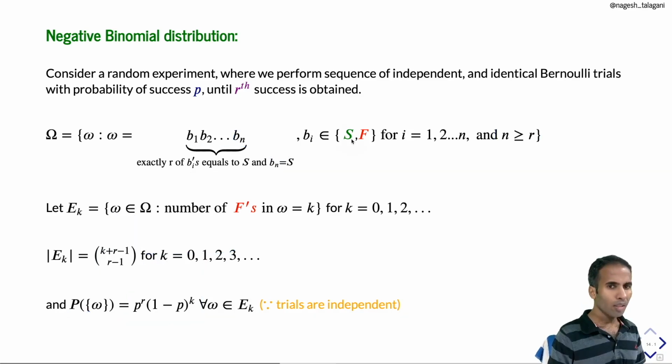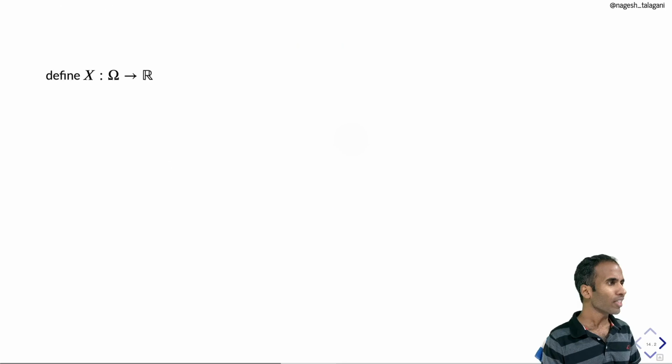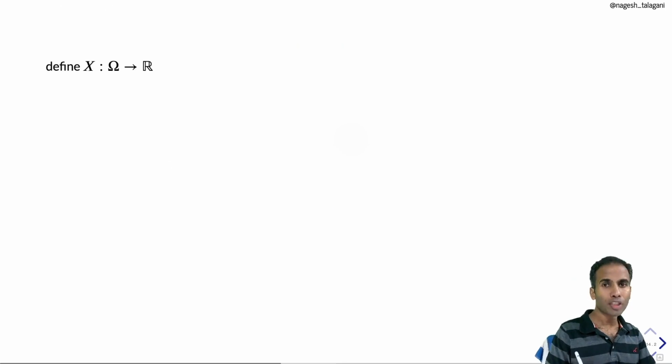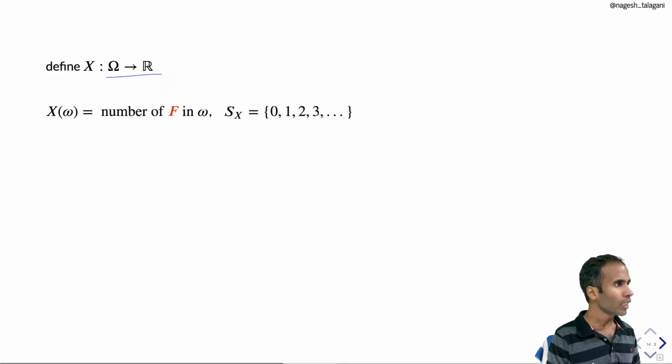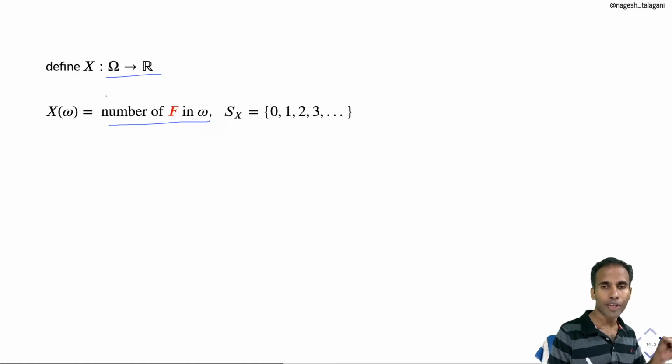Fine. Now let's define a random variable X which denotes the number of failures before the rth success. So X is a function from omega to the real numbers. Here each outcome is mapped to the number of failures in that outcome. That is, X is actually what? The number of failures before the rth success. Okay.